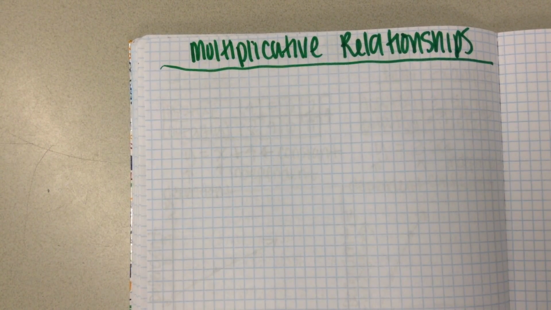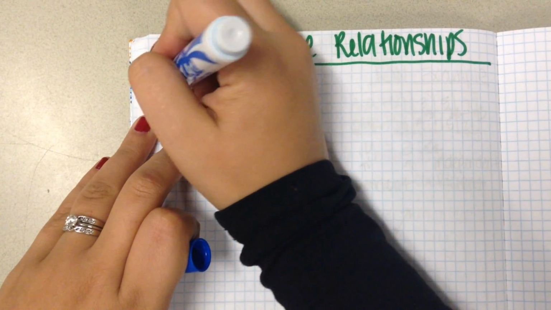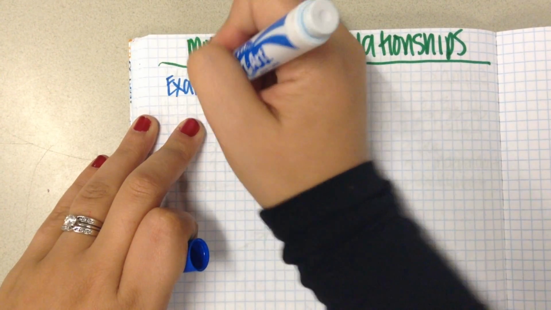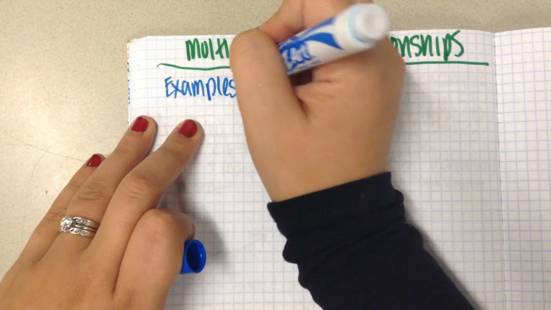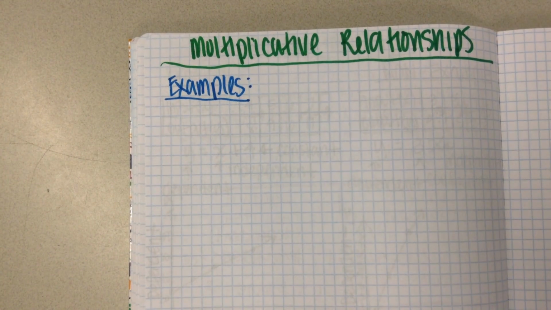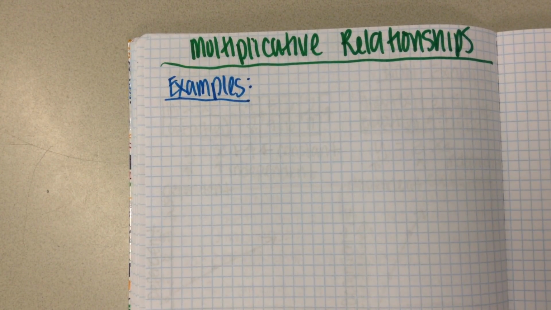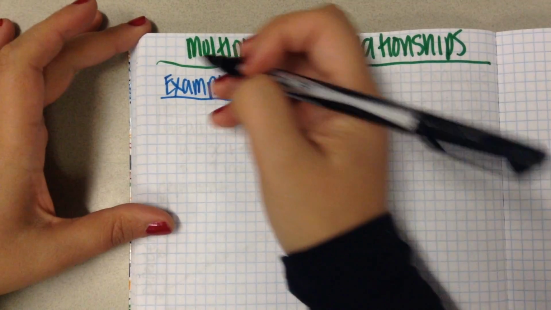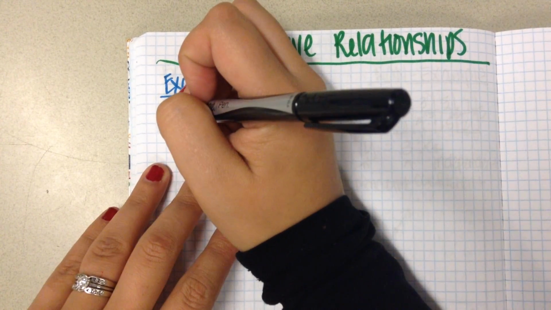We're going to do two examples. The first one is going to be using a table, so we're going to draw our table.